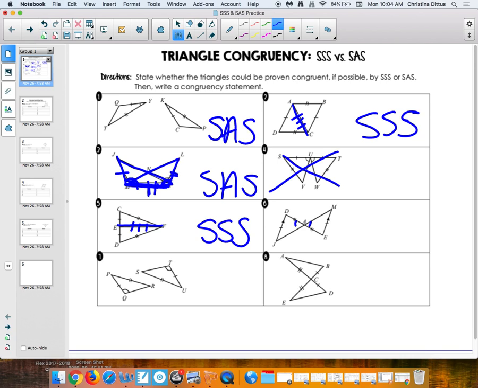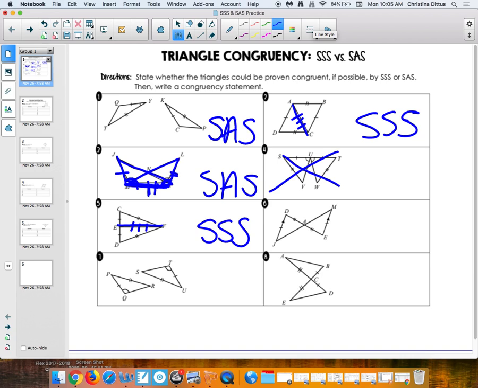No. That's a bad word, right? So although it does have vertical angles, that is 100% true, it's just not helpful to use them. Does that make sense? They're there, but it just doesn't help to use them. Okay. So we can't use vertical angles.